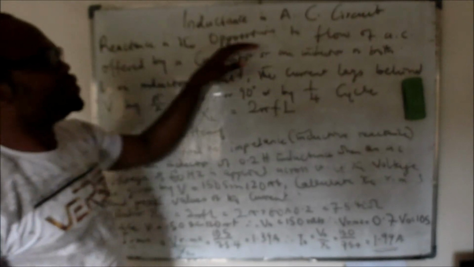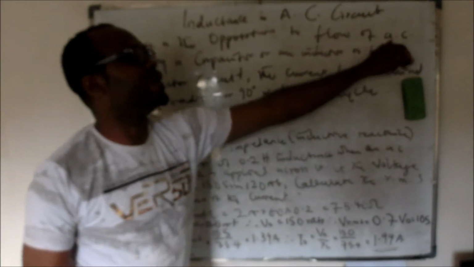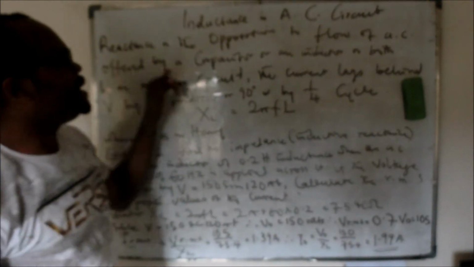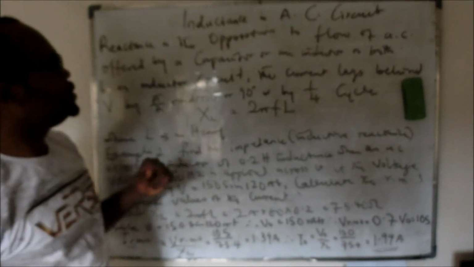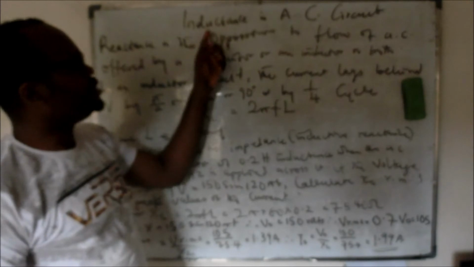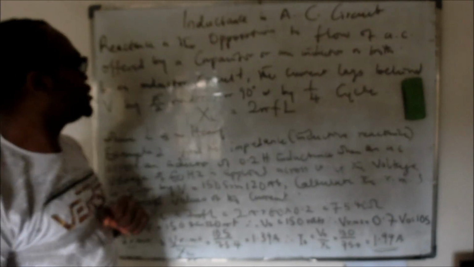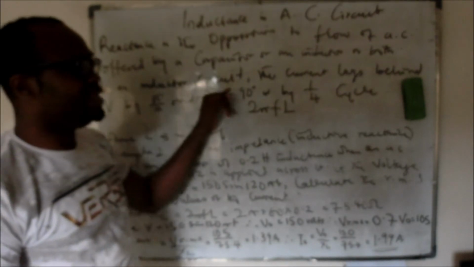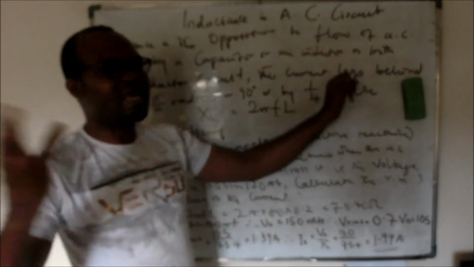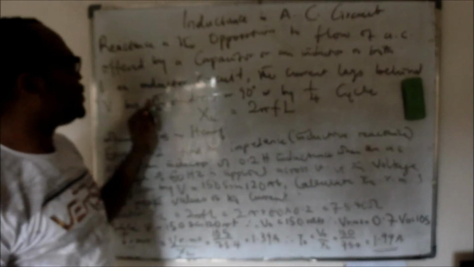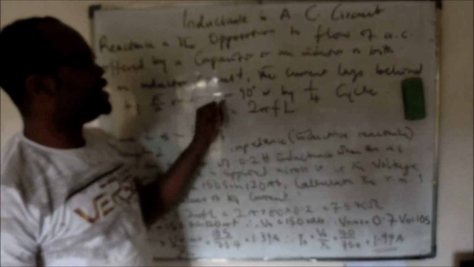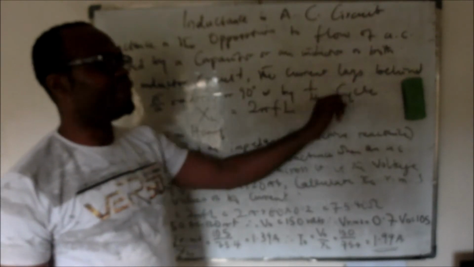Inductance in an AC circuit. Reactance is the opposition to the flow of alternating current, AC, offered by a capacitor or an inductor or both. In this case, it is offered by an inductor, so it is known as inductive reactance. In an inductor circuit, the current lags behind the voltage by pi over 2 radians, or by 90 degrees, or by 1/4 cycle.